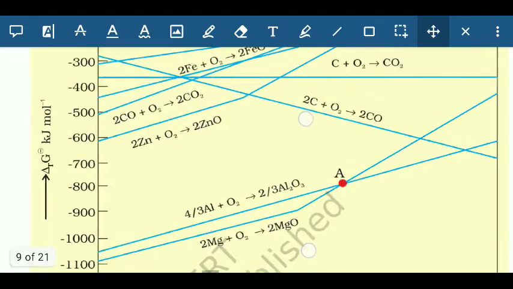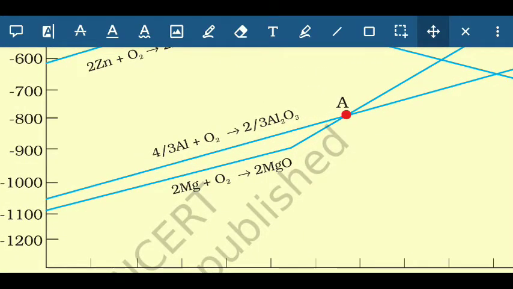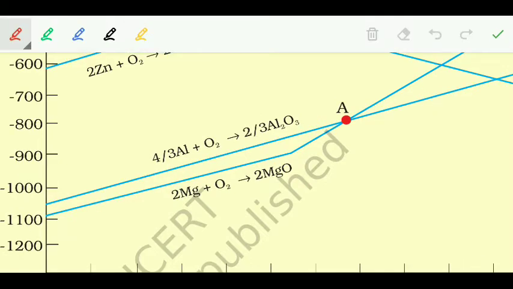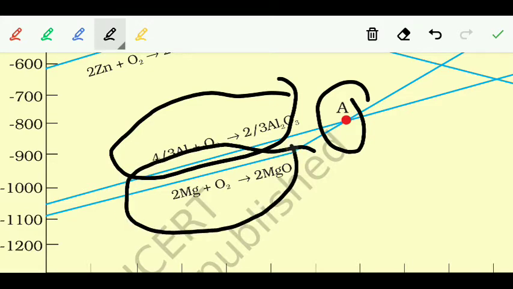See, here we are talking about aluminum and magnesium. Here we have one point marked as point A. As you see, on the left hand side of point A, we have aluminum on the upper side. So aluminum oxide can be reduced by magnesium.